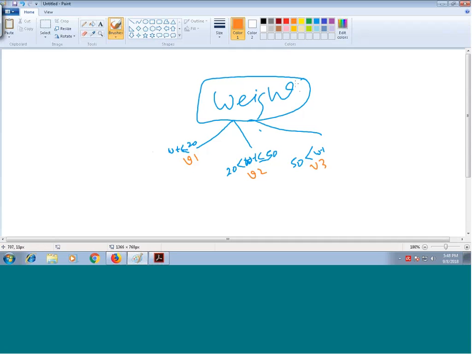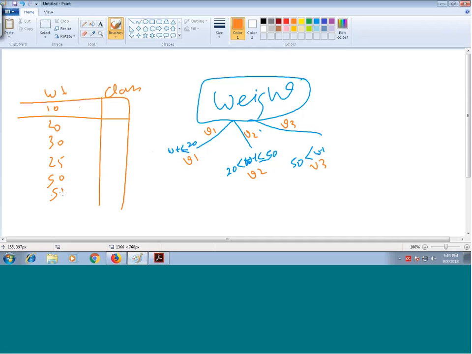So you can say the weight is V1, weight is V2, weight is V3. Let's assume the database is this: class and weight. Weight is given as 10 kg, 20 kg, 30 kg, 25 kg, 50 kg, 51 kg, 32 kg, something like this.